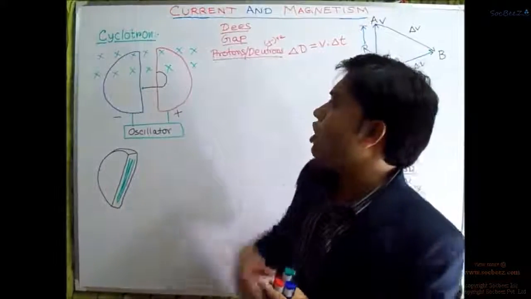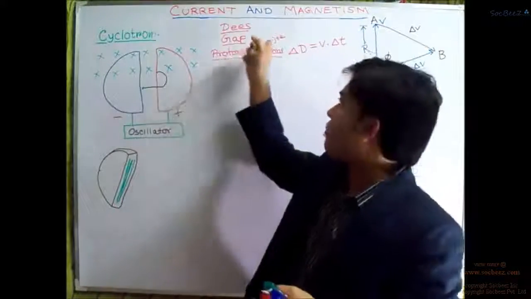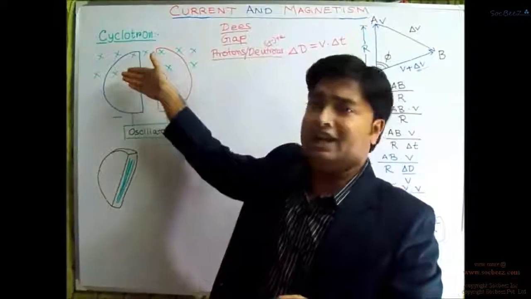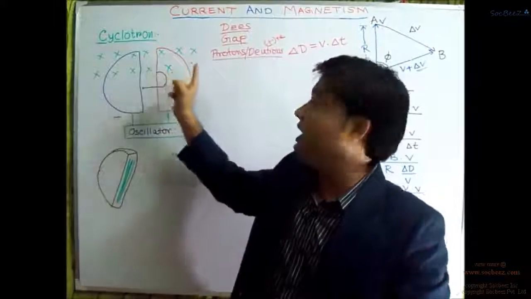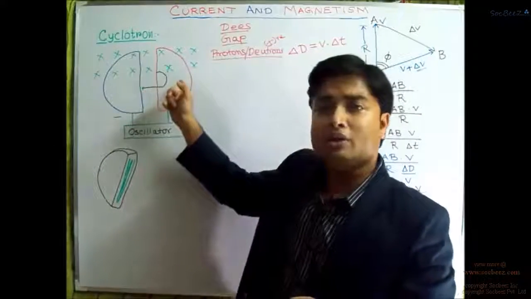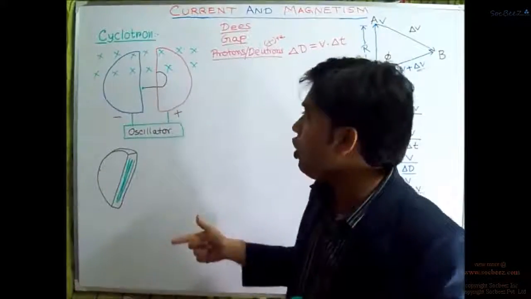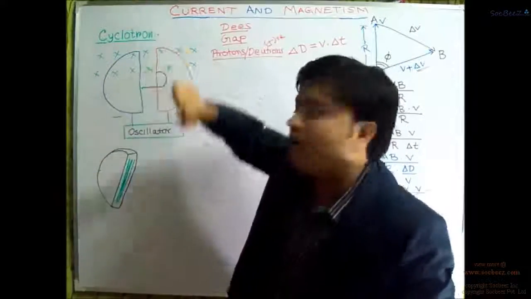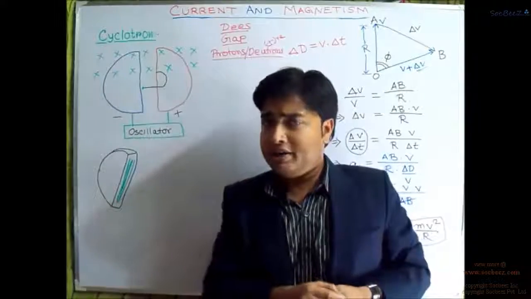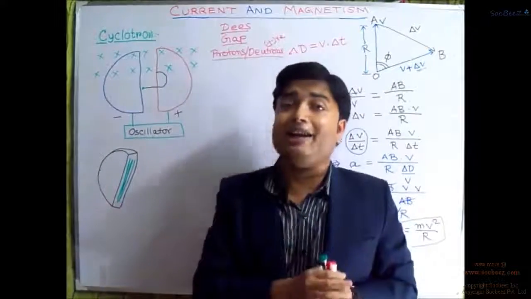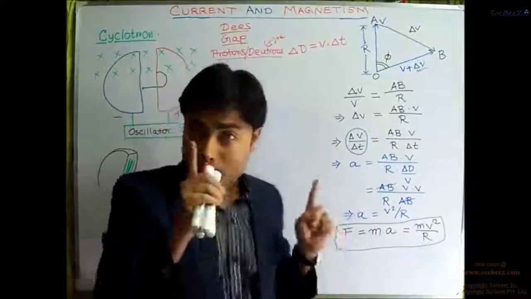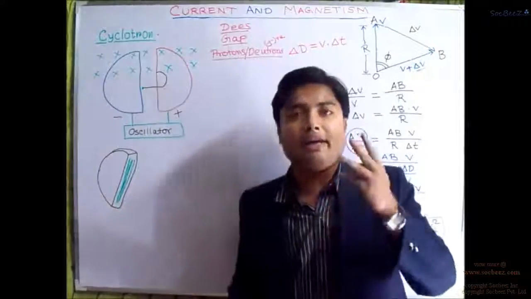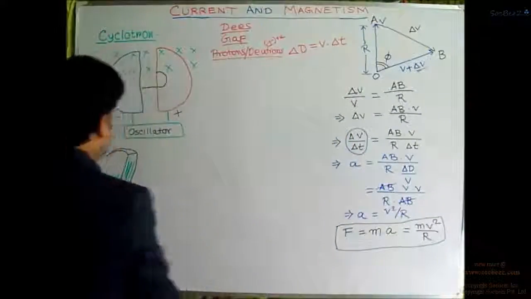Again, the proton or deuteron, being a positively charged particle, will be attracted towards the negative D, and repelled by the positive D. So, for example, if they had a velocity of 2 meters per second, now they will be attracted with an acceleration, which means their velocity will again increase.